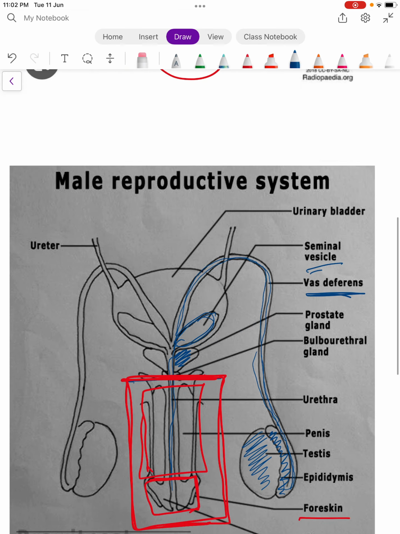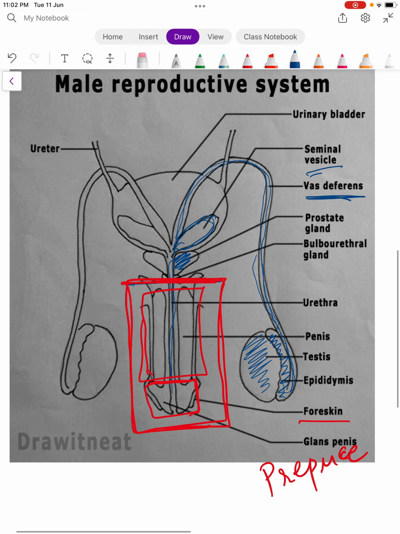After that we will discuss the seminal vesicles and prostate.